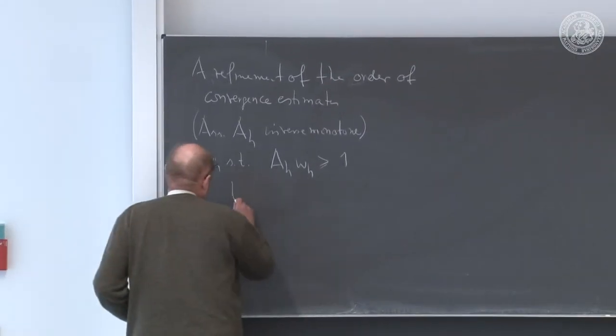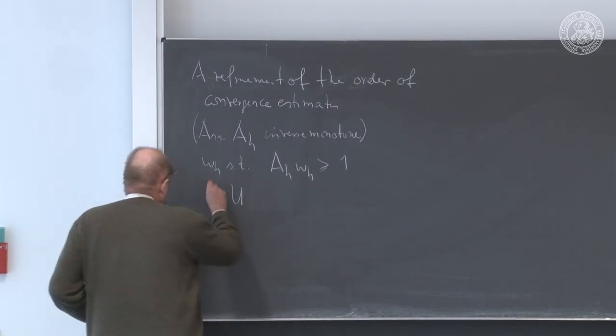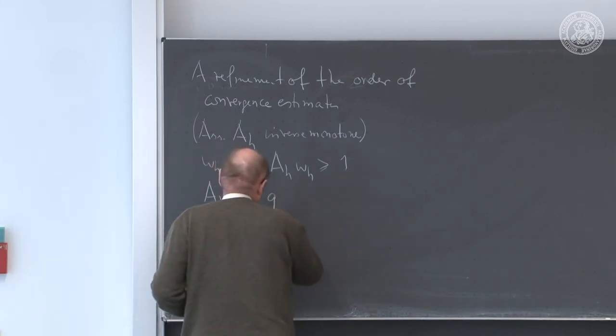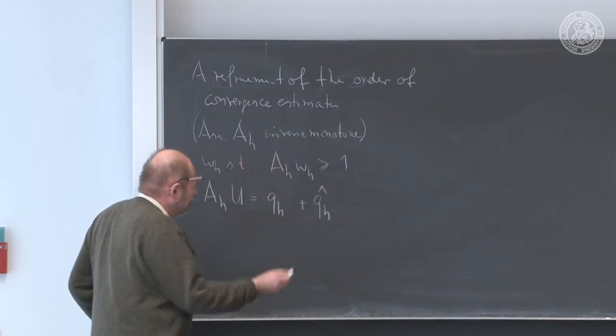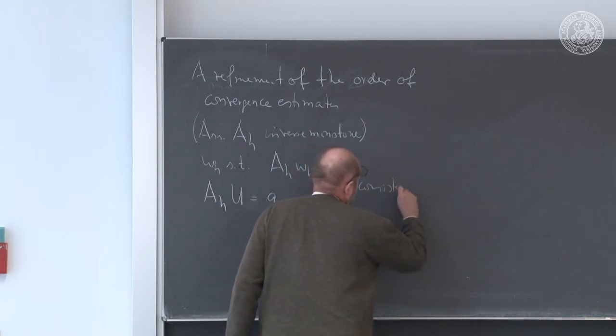If we look at the grid function u, so this is just the evaluation of the exact solution, if we plug it in, then we get, so to speak, the normal right-hand side, and we get something which I now call q_h hat, which is just the consistency error. That's just the definition of the consistency error.